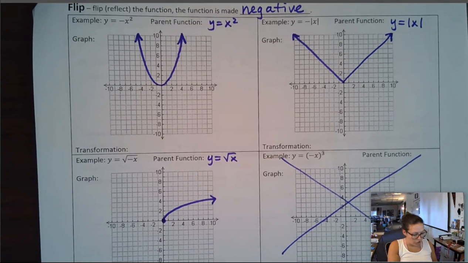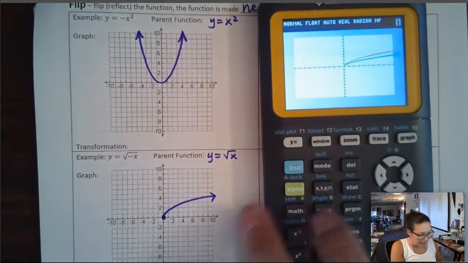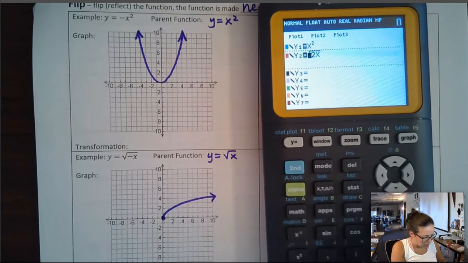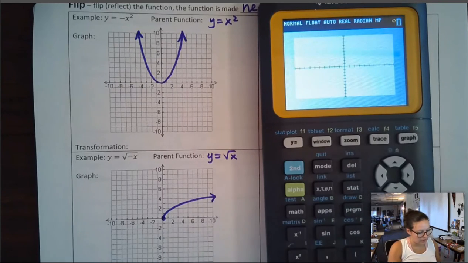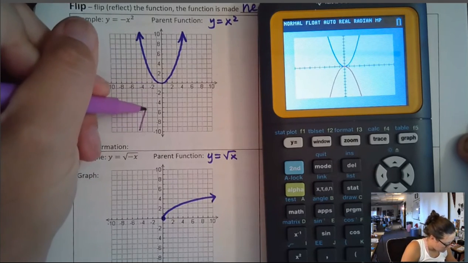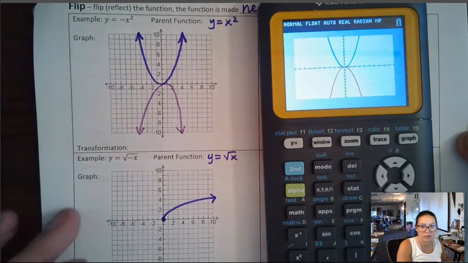Okay, so what happens when we stick a negative in front of our parabola? So I have negative x squared. Here's our parent function and negative x squared. Upside down parabola.